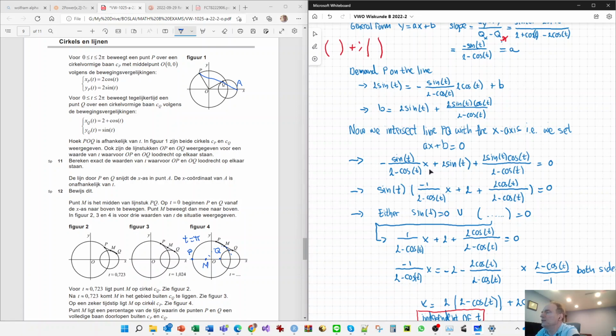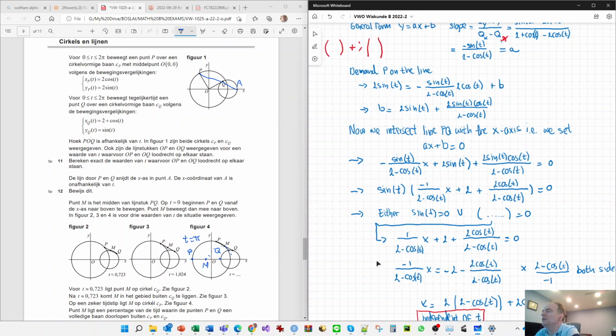So you get this messy equation, but some glimmer of hope. We can actually factorize: sine t is a common factor. So we pull that out, and you get a product of two things equal to 0. That means either of these is 0. So either sine t is 0 or this expression here is 0.